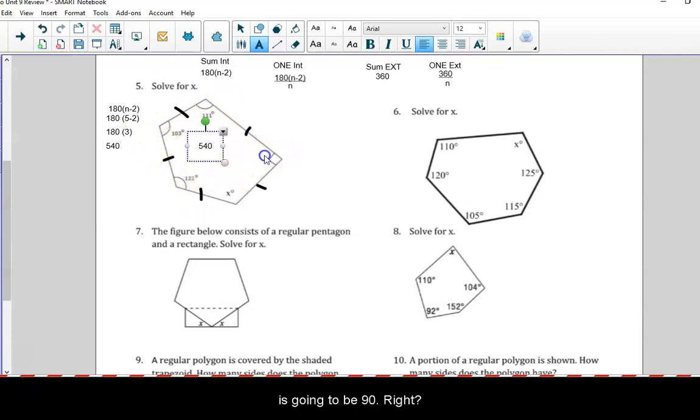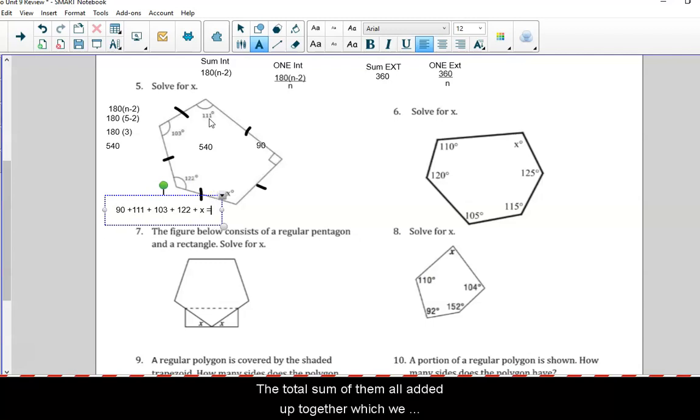Now I know this guy over here is going to be 90, because that's the right angle box. So we can do 90 plus 111, which is this, plus 103, plus 122, plus x equals the total sum of them all added up together, which we just figured out was 540.